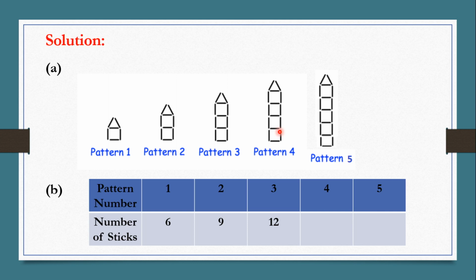One way of doing it will be to count the number of sticks, or the second way will be to find the pattern. You can see that we are adding 3 to get the next term. So here 12 plus 3 will be 15. 15 plus 3 will be 18. So this is part B.